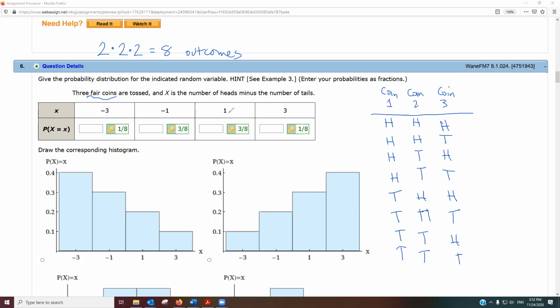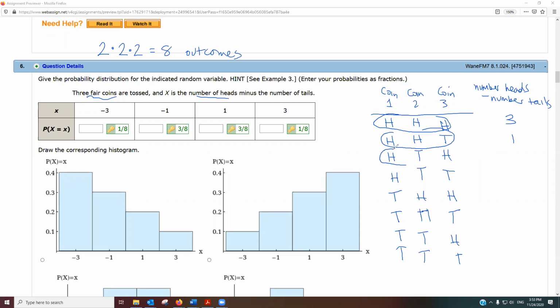All right, so now X is the number of heads minus the number of tails. So let's do that. So we're going to take the number of heads and subtract the number of tails for each row. All right, this is going to be 3 minus 0, 3. This is going to be 2 minus 1, 1.